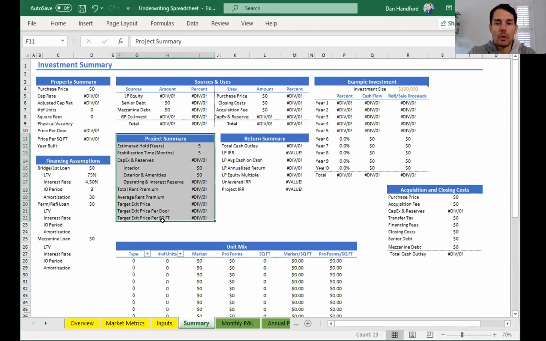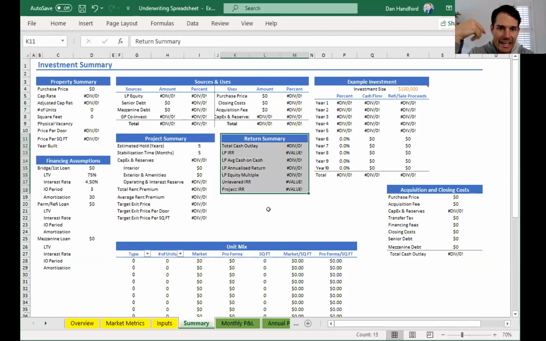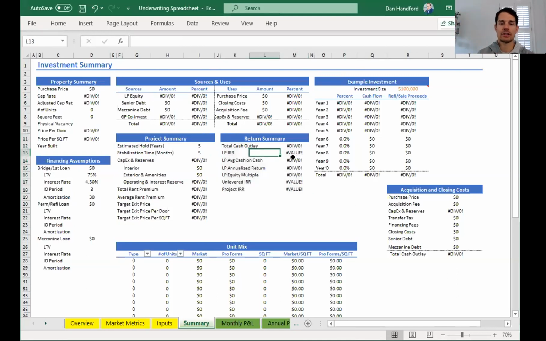And the most important part on this spreadsheet here is this return summary section. So it gives you the limited partner or investor IRR, internal rate of return, the LP cash on cash, the LP annualized, and the LP equity multiple, as well as the unlevered and the project IRR.